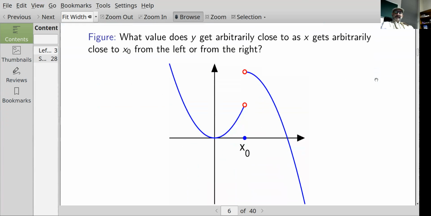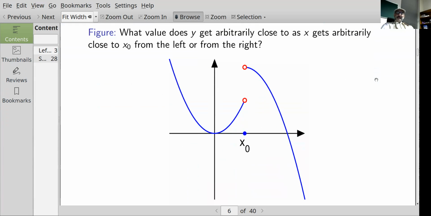So here's a diagram that I took from Wikipedia. We have a function y of x, graphed on the xy plane. We're considering the value of the function and its limits at x naught. At x naught, the function value is 0, and the graph of the function is in two pieces.